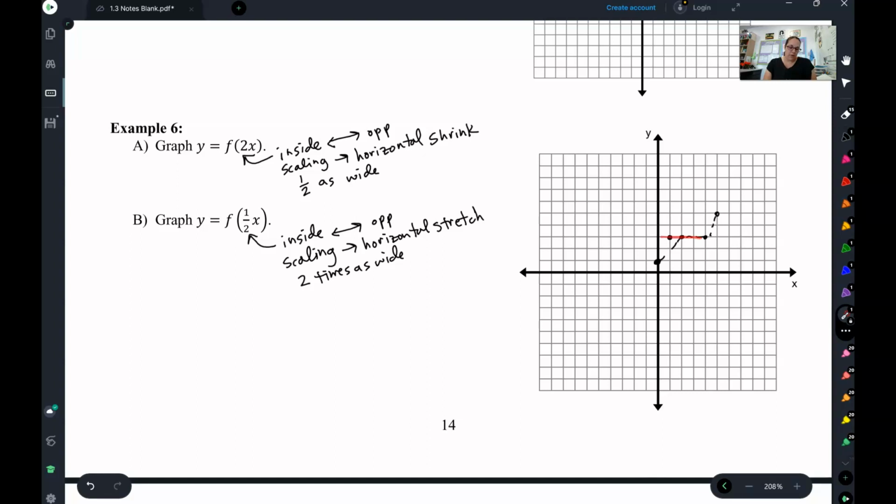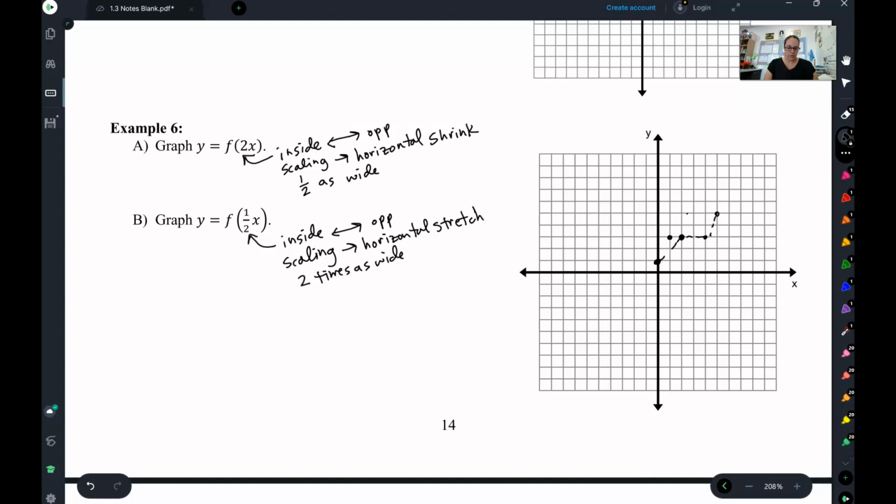This point out there is 4 blocks out. So times that by half. So now it should be 2 blocks out. Right there. And then this point is 1, 2, 3, 4, 5 blocks out. So 5 times half is 2.5.